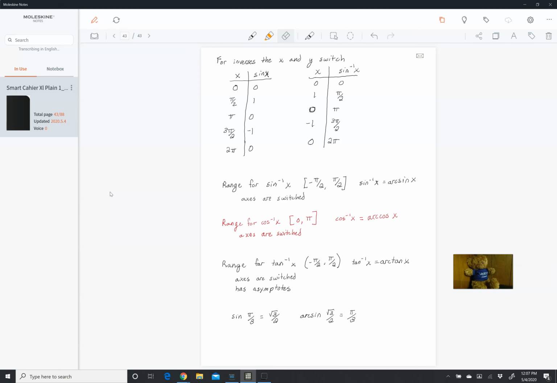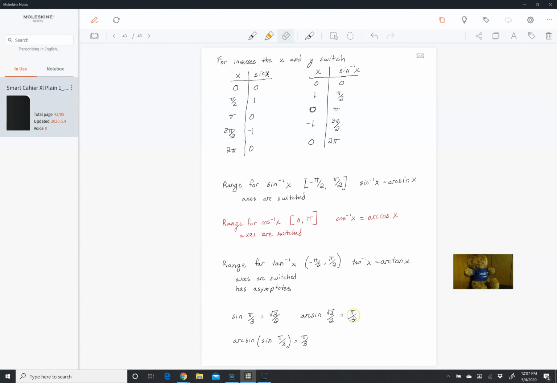Okay, and it should be noted that the arc sine of the sine of pi over 3 is just pi over 3. Whenever you compose inverses, which is what we did, you just get the input, okay?